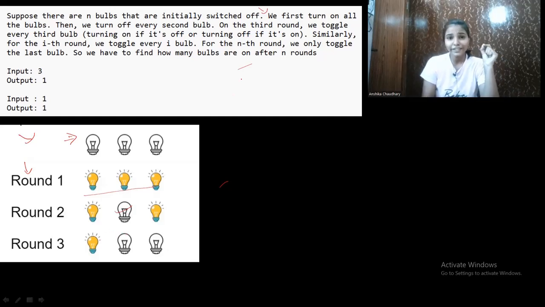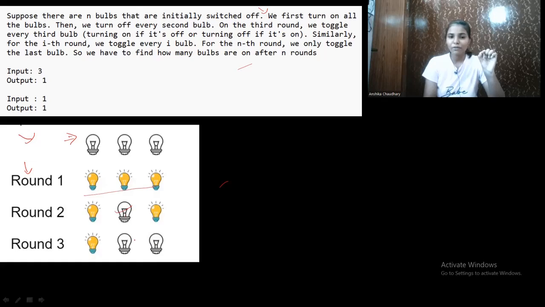Now at the third round, you have to toggle the state of every third bulb. Here, as there are only three bulbs, we will toggle the state of the third bulb only. We will not play with the first or second bulb. We leave them in their current state. The first bulb was on, so it is on.